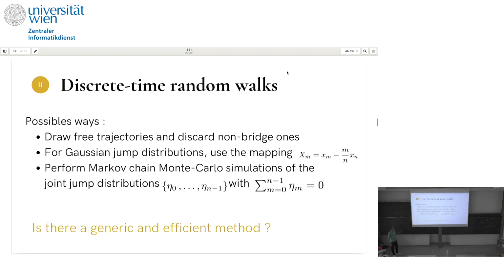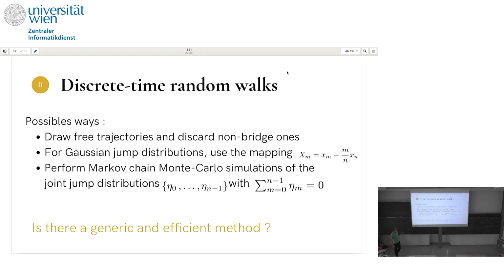Okay, so let me first give you some possible ways, just out of the hat, to do this. We could draw free trajectories and discard non-bridge ones. This is not efficient. For the Gaussian, specifically for the Gaussian jump distribution, we can use the same mapping as for Brownian motion, and this is shown to be correct statistically, but this only works for Gaussian jump distributions.